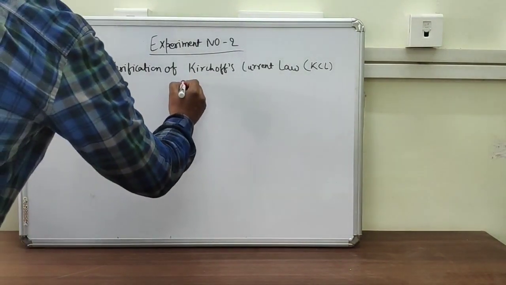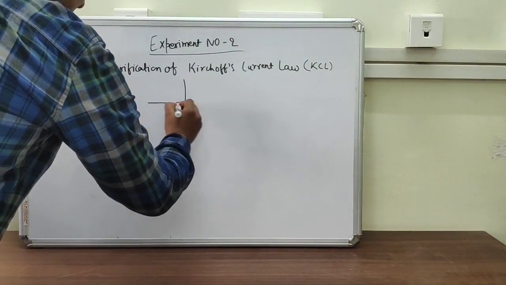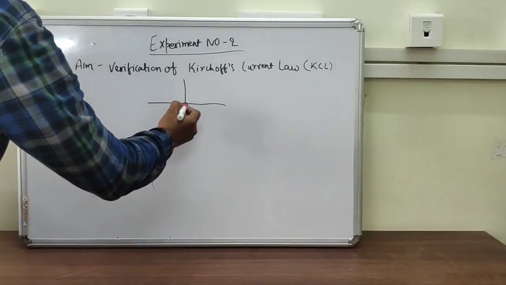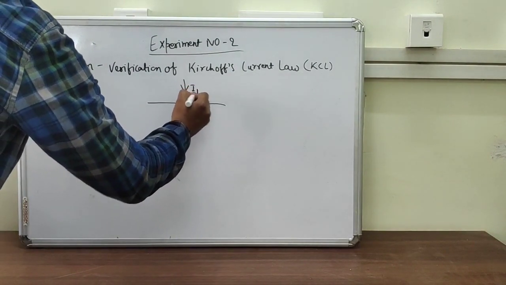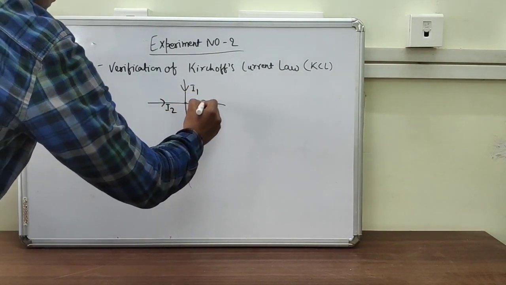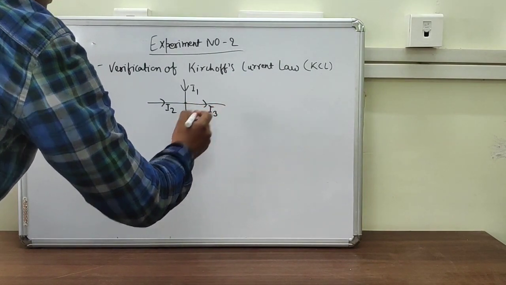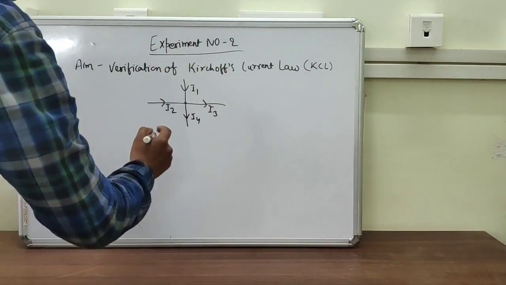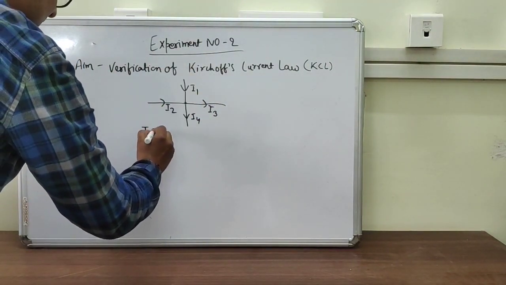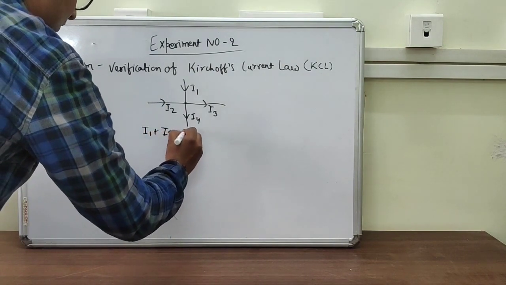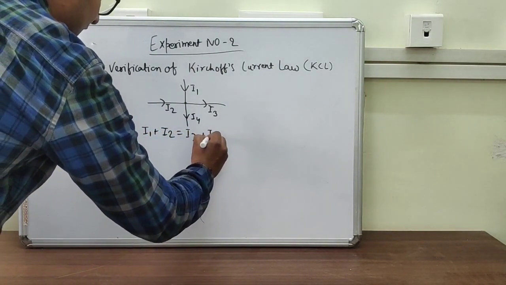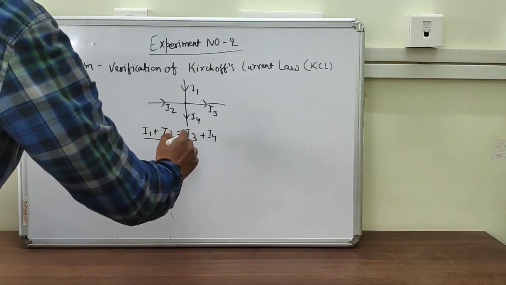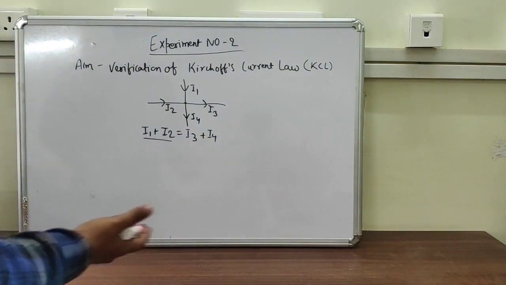For example, if I am drawing the wires like this and this is my node, if current I1 is entering here, I2 is entering here, I3 is exiting from this point, and I4 is exiting from this point, then according to Kirchhoff's current law, I1 plus I2 is equal to I3 plus I4. That means current entering a node or a junction is equal to current exiting from that junction.